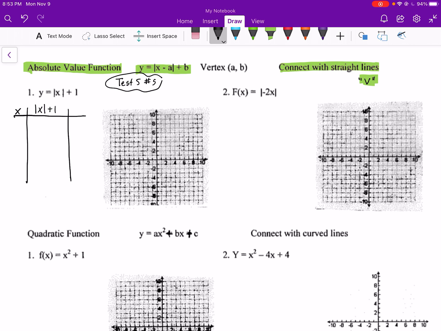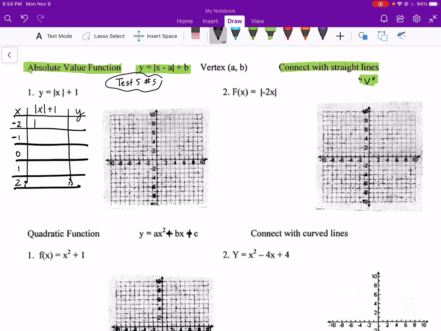My actual function is the absolute value of x plus 1. And then my output this time happens to be y based on my problem. So I'm going to test 5 numbers. And usually my go-tos, I try to keep it simple, -2, -1, 0, 1, and 2. So again, positive and negative numbers, keeping it simple.